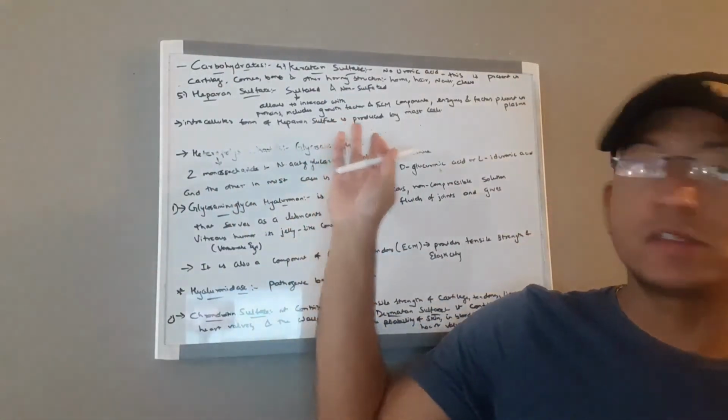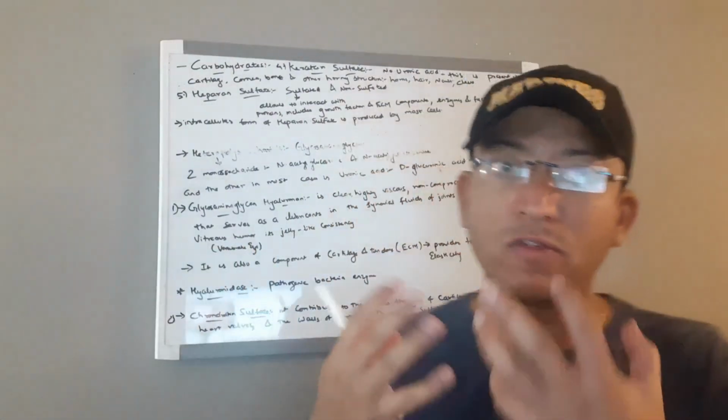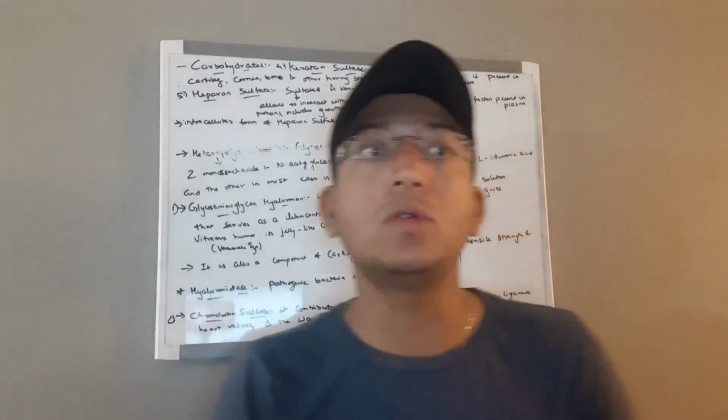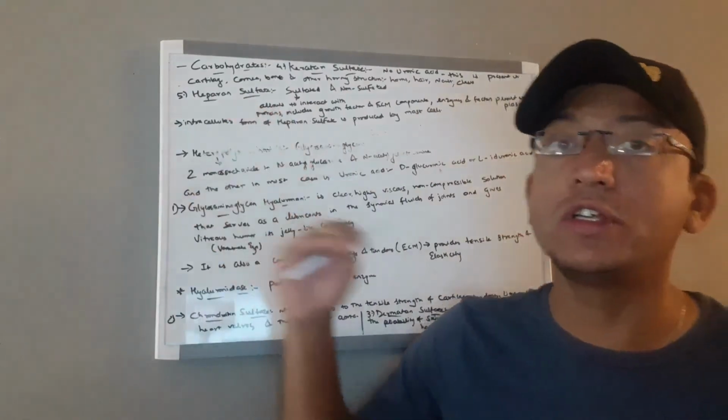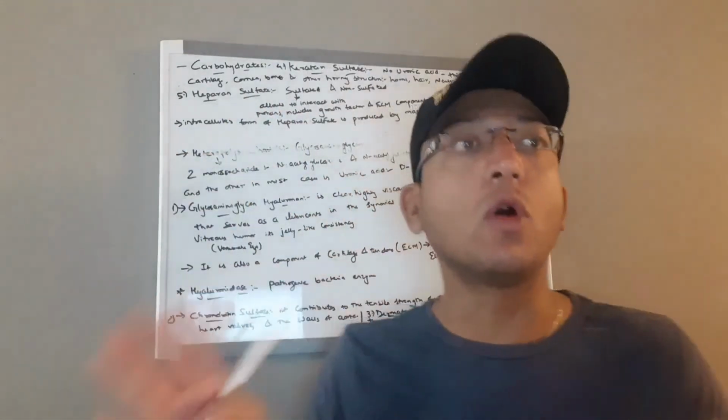And what are mast cells? Mast cells are a type of leukocyte, or you can say an immune cell as well.